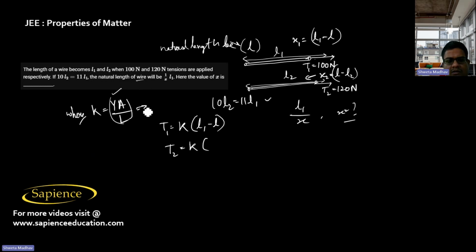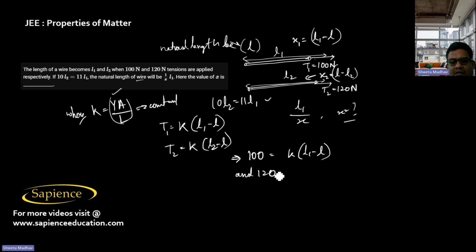So this will be constant only. Therefore, I can say 100 is equal to K into L1 minus L, and 120 is equal to K into L2 minus L.